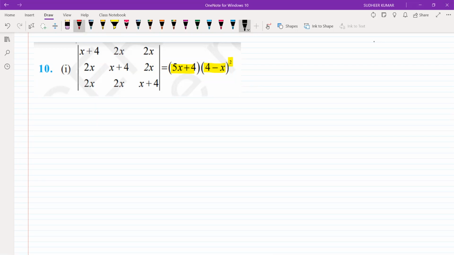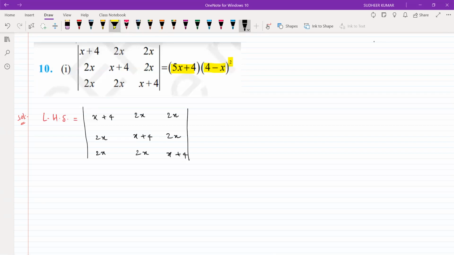So let us apply the same. Go to the solution. Take LHS. LHS is x plus 4, 2x, 2x, 2x, x plus 4, 2x, 2x, 2x and x plus 4.